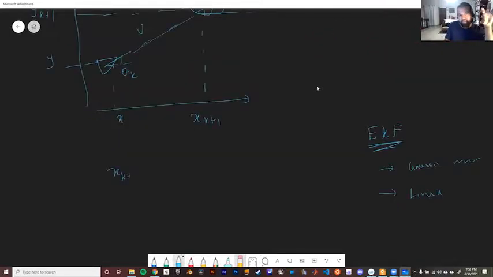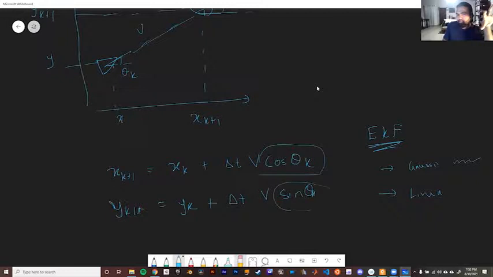Because xk plus 1 is going to be equal to xk plus delta t times v times cos theta k, while yk plus 1 is going to be equal to yk plus delta t v sin theta k plus 1, right? So you can see this assumption of linearity is lost because there is a cos and a sine. So in most cases, this non-linearity is a problem.